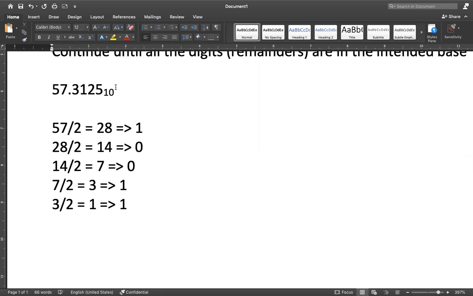Now you take the remainders from bottom to top. You start from the last one and go up.